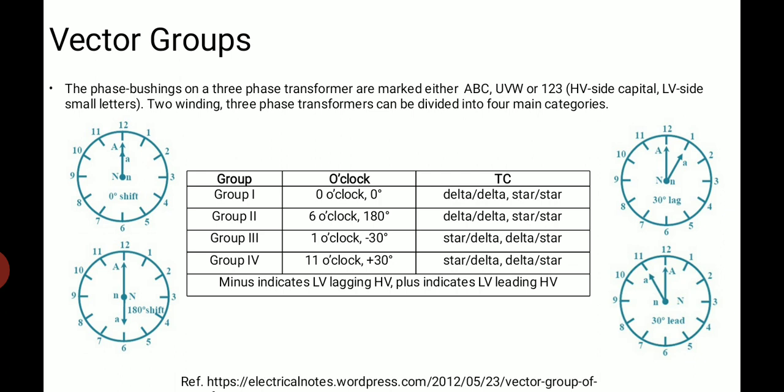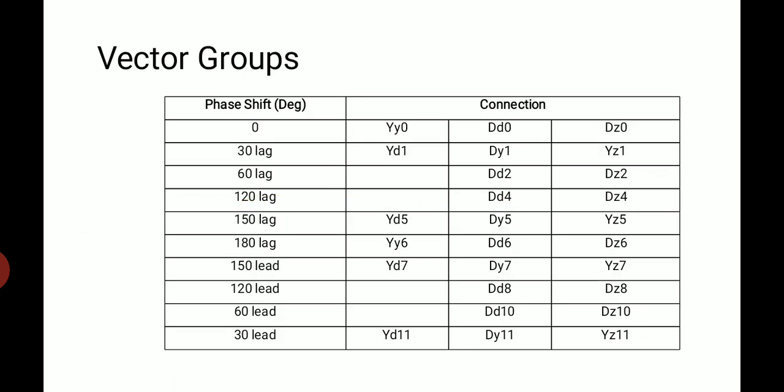You can refer to the reference which I have mentioned for more details regarding vector groups, and from the same website I have taken this table. The left side shows the phase shift and the right side shows the connection. For 0 degree: Y y0, Dd0, Dz0; for 30-degree lag: Yd1, Dy1, Yz1; likewise for 30-degree lead: Yd11, Dy11, Yz11.